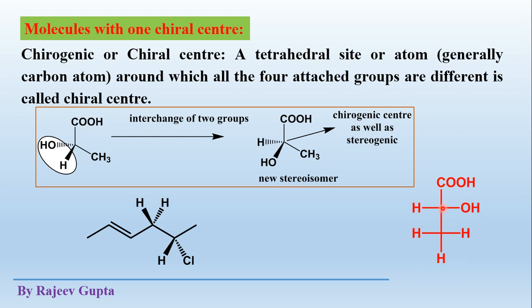So it is a chiral center. But this third carbon atom is not chiral because it is attached with 3 hydrogen atoms. So this is not a chiral carbon. Here in this Fischer projection, only one chiral center is present. So this is also an example where only one chiral center is present.